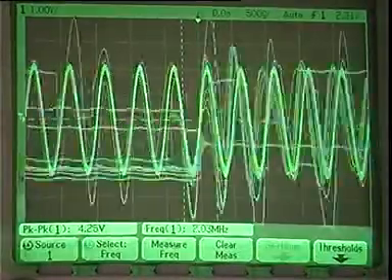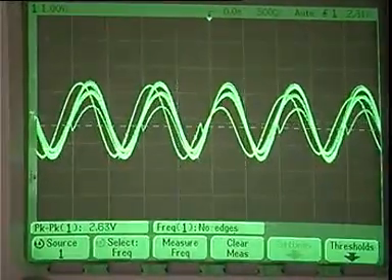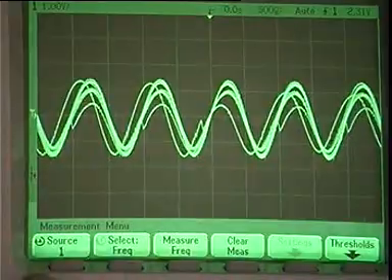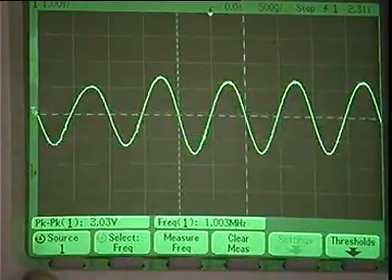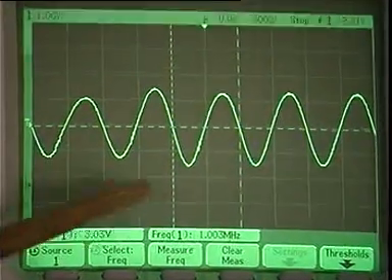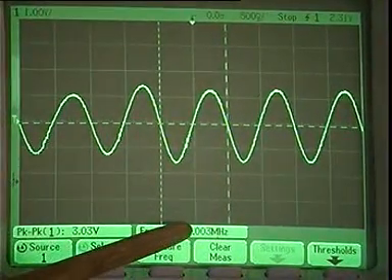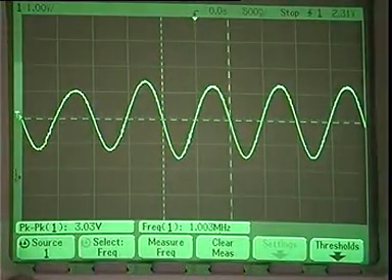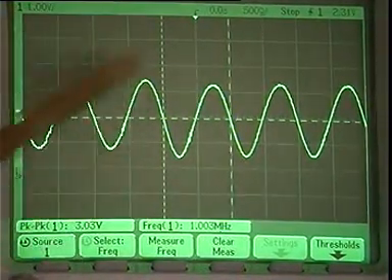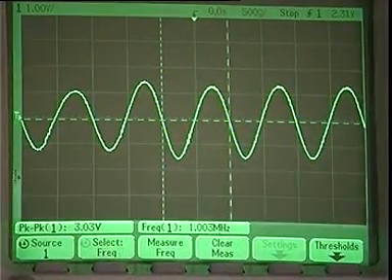Let's measure sine 2. There is some distortion. Right, so this is 1.003, so 1 megahertz. Sine 2 is 1 megahertz. Sine 1 is 2 megahertz. Let us measure sine 3.